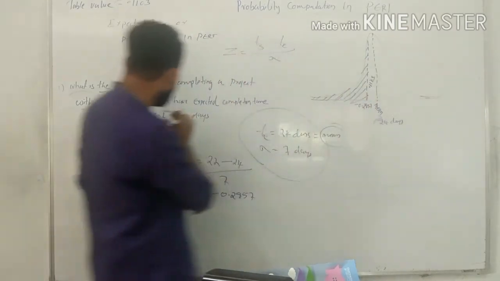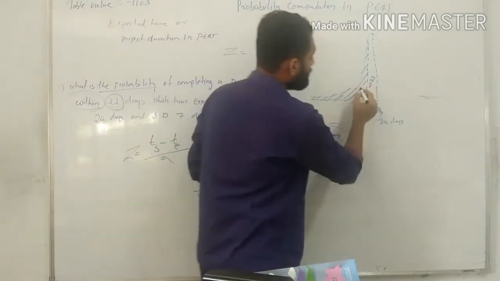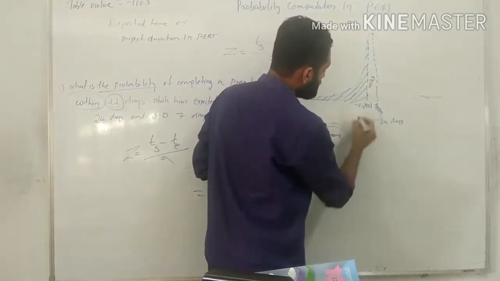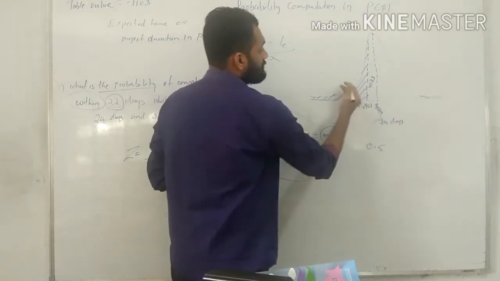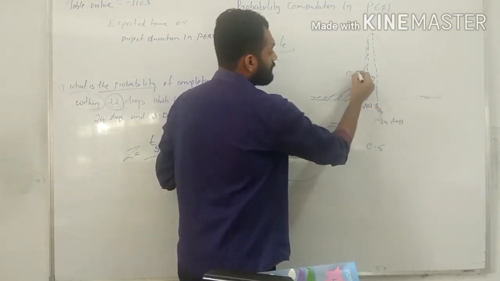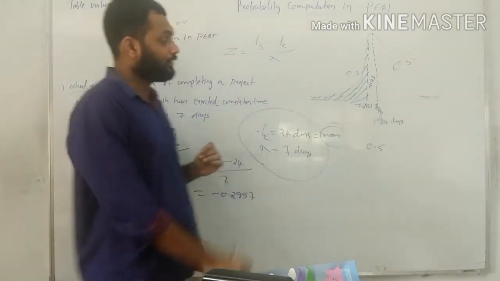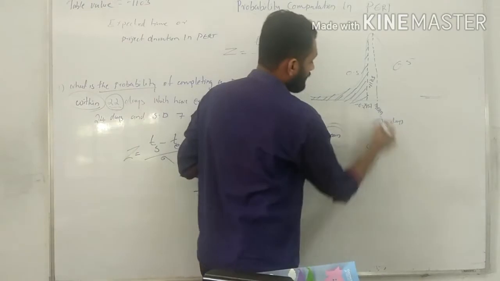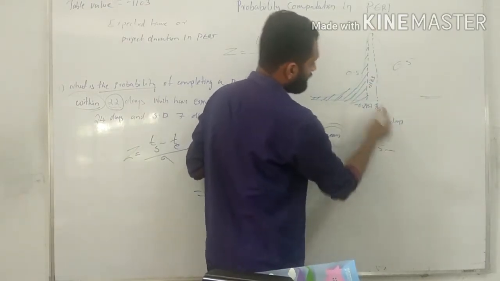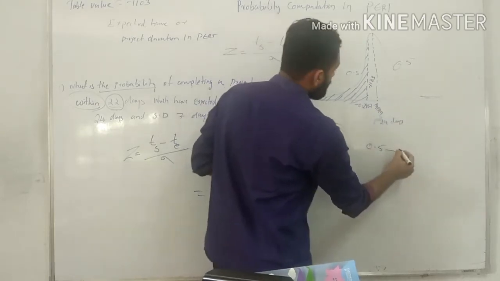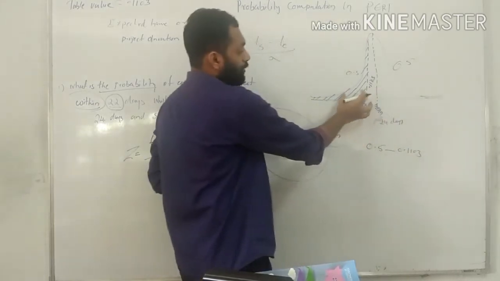The probability of completing the project within 22 days is this area. That means the normal distribution curve is divided with 0.5 on each side. This portion is 0.5 and this part is 0.5. So we take 0.5 minus this area, 0.1103.